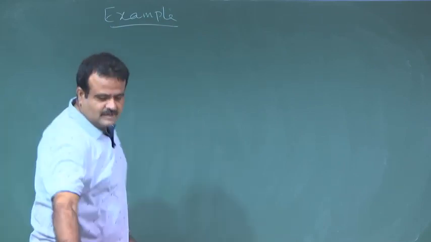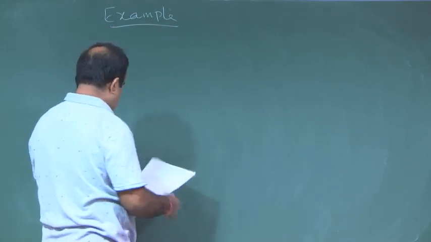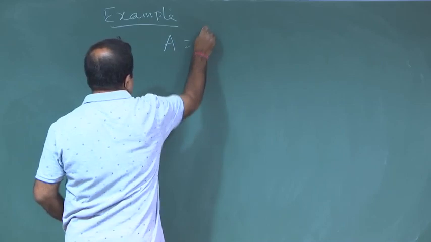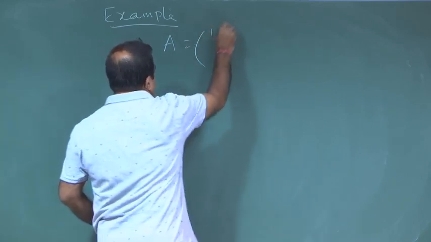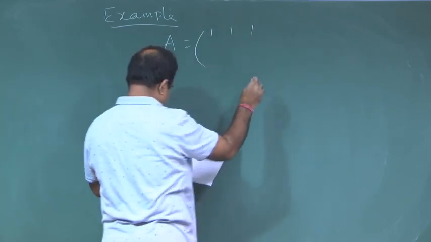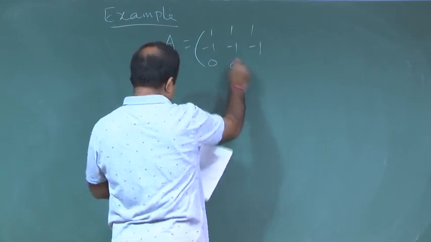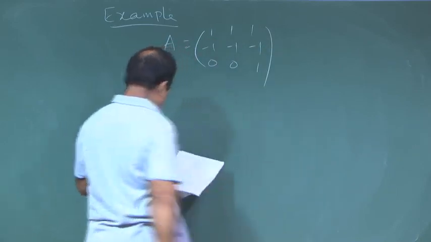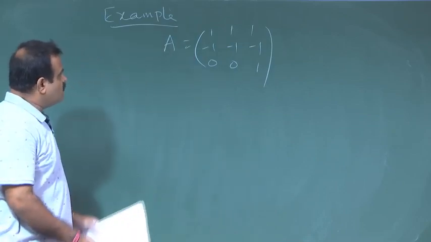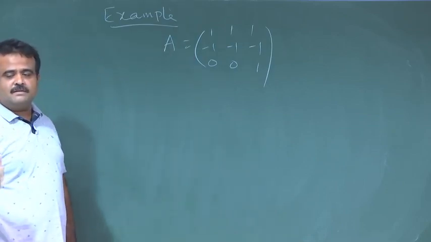So, we take a matrix over the reals: 1 1 1, minus 1 minus 1 minus 1, 0 0 1. Now, we have to find the eigenvalues of this matrix.